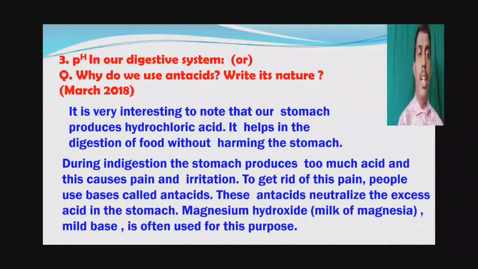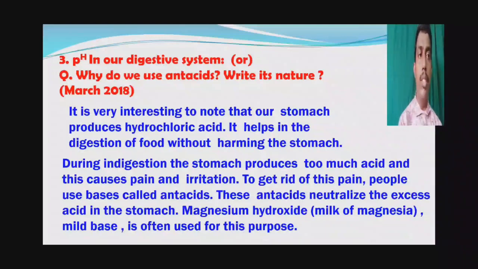During indigestion, when we take food at irregular intervals or when we take excess food, the stomach produces too much acid and this causes pain and irritation. To get rid of this pain, we use bases.